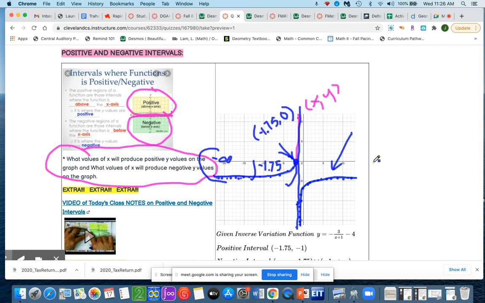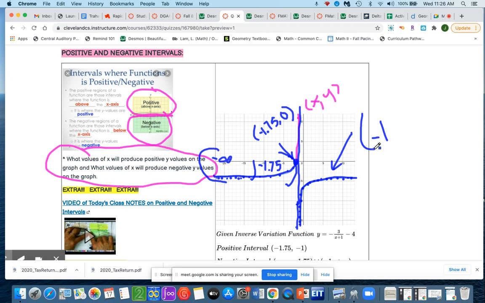Okay, so as I was saying, this second branch over here, these x values that go with these points start on the other side of that asymptote, and that asymptote is at -1.